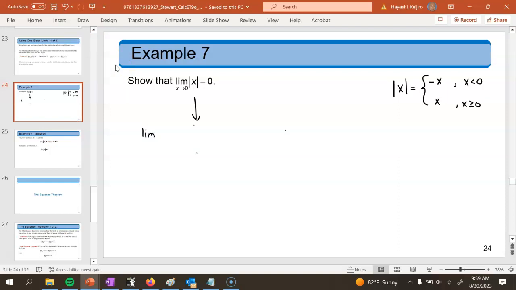So we want to say that the limit as x approaches 0 from the left, so from the negative side, we're looking at negative x if we're approaching from the left. And just through direct substitution, that's 0.